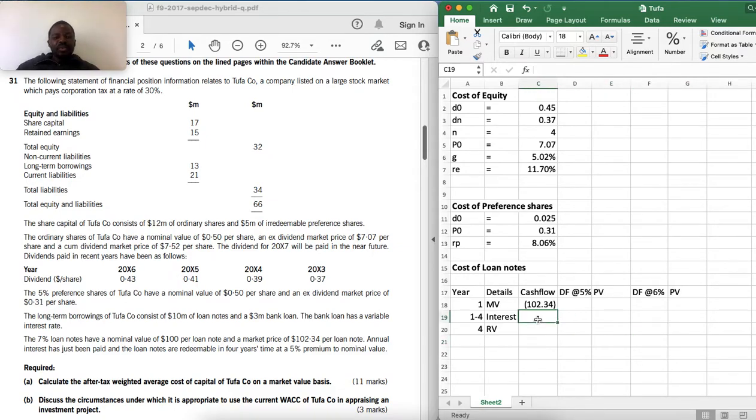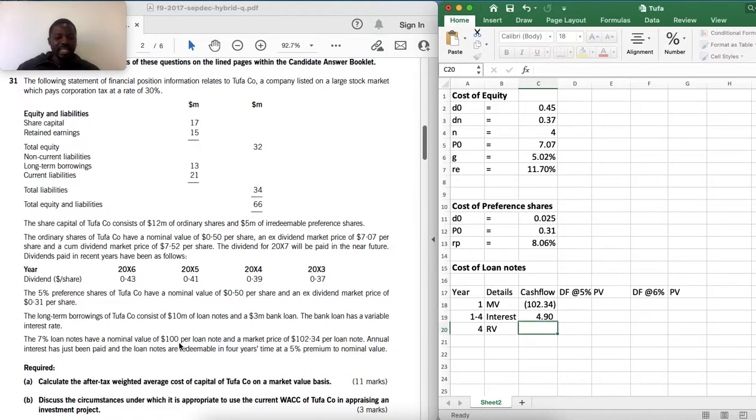Now when we are receiving interest, we will receive interest net of corporation tax. So the corporation tax is 30, then the interest is 7% of the nominal. So we'll simply say 7% multiplied by the nominal, which is 100, multiplied by 1 minus tax rate. 1 minus the tax rate is 30%.